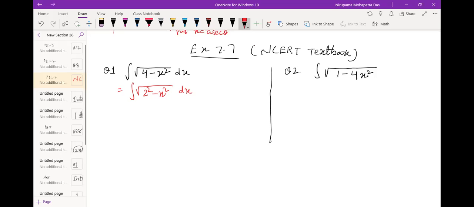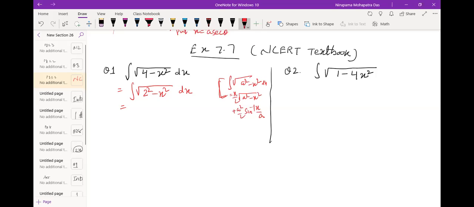As you know, for under root a square minus x square, what is the formula? If you want to integrate square root of a square minus x square dx, you write x by 2 under root a square minus x square plus a square by 2 into sine inverse x by a.